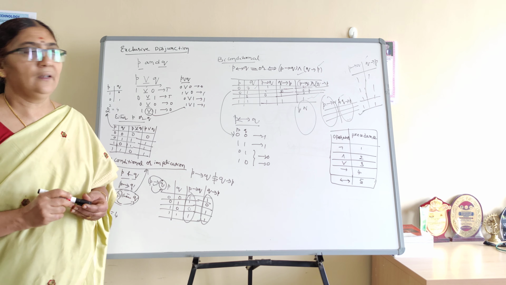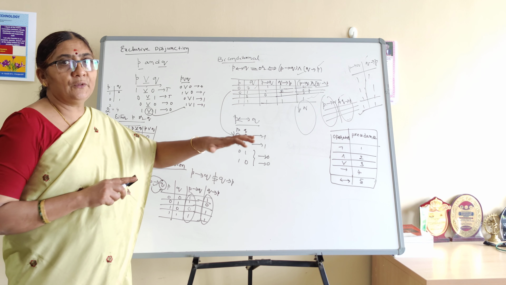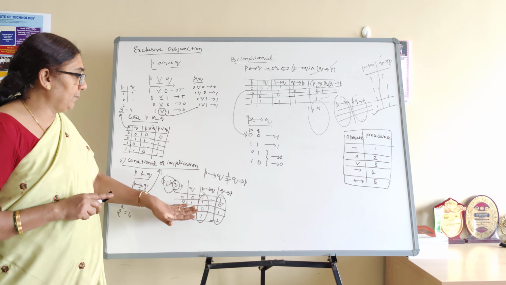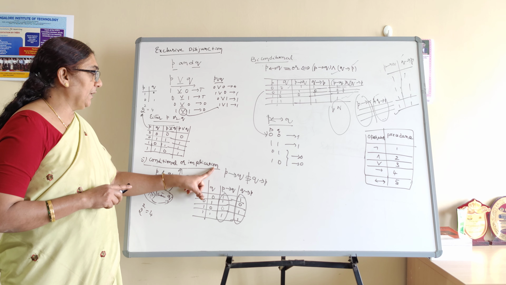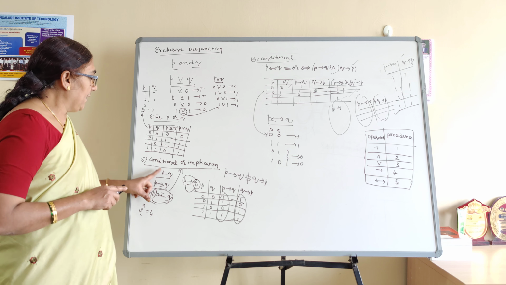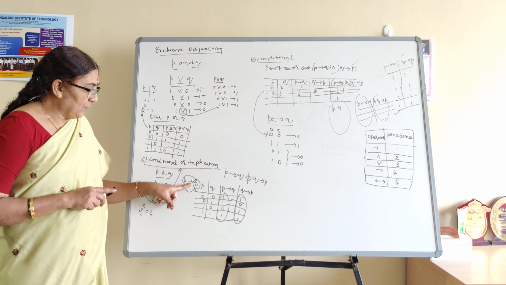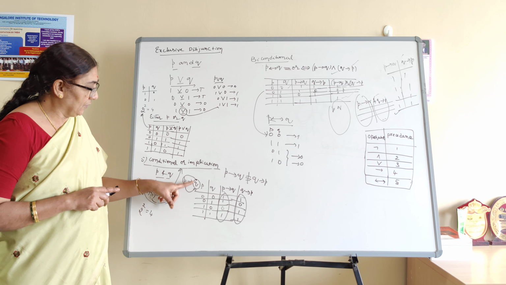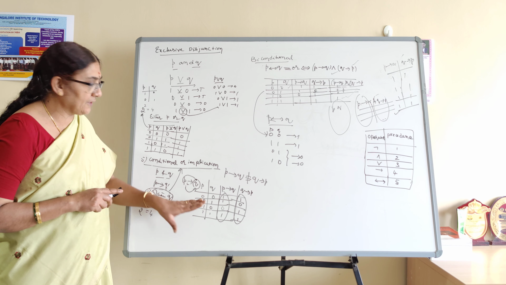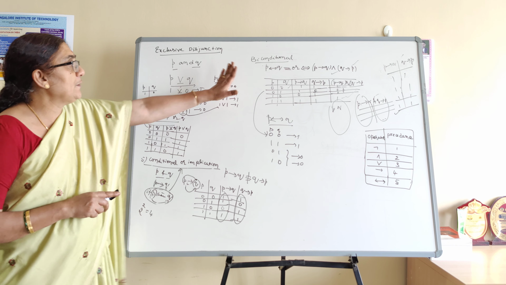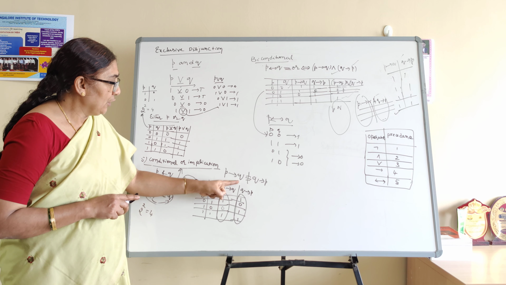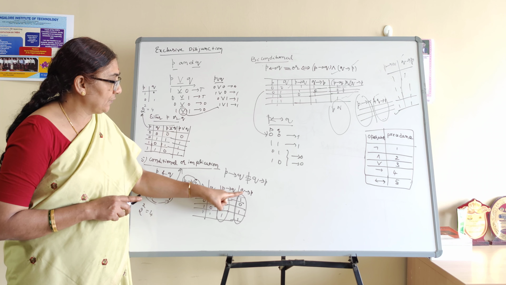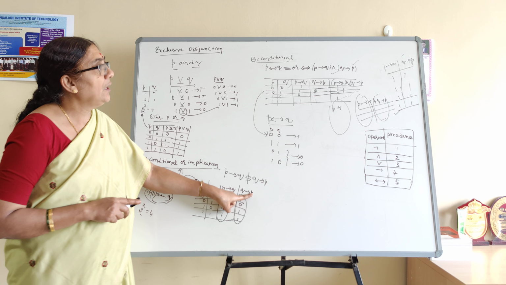Please try to understand. I told you at the beginning, a little bit confusing, I think so. I am going to recap before the end of the class. Please observe carefully. Conditional implication is very, very important. P conditional with Q is false in one case, 1 to 0. In the rest of the cases it is true. Now what is biconditional? P conditional with Q, conjunction with Q conditional with P. You already know that P conditional with Q is not the same as Q conditional with P. How can you know that?